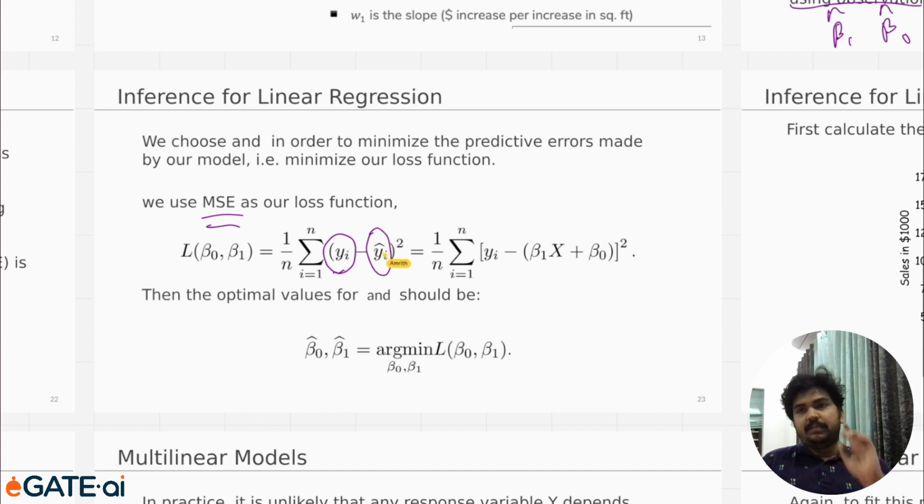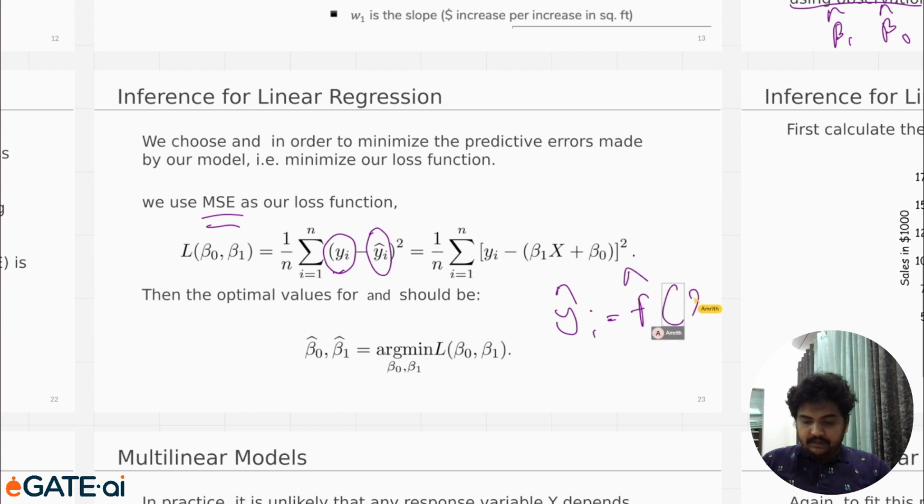Now, how do we get the predicted outcome? So please remember, y hat i is nothing but the function f hat of xi, right? And we know what is f hat.